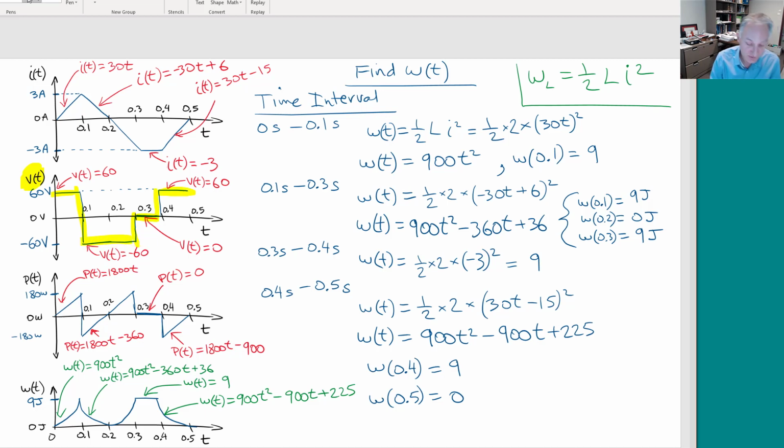And then you would have to get I of t and develop it, and then from that, do the power and energy waveforms. So you'll have to use the relationships that you know to go back and forth. Okay, that's it.